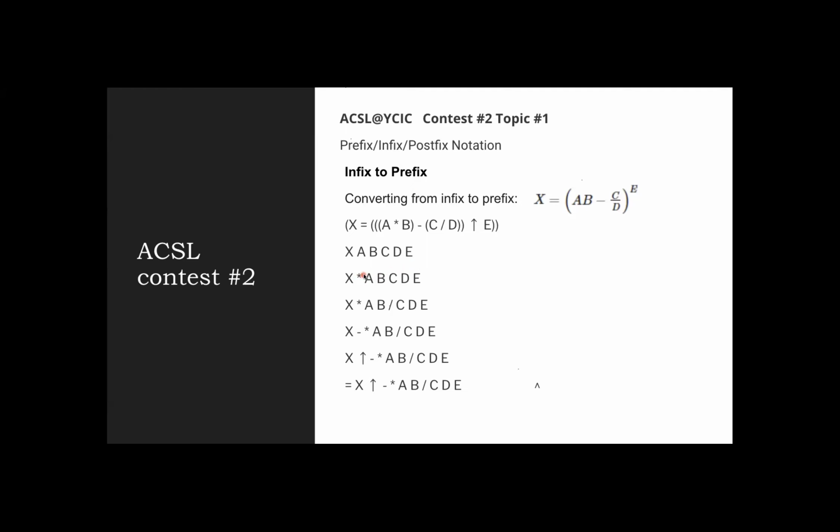We need to put the multiply before AB because we are doing A multiplied by B first. And then we have divide, so we put divide after CD.